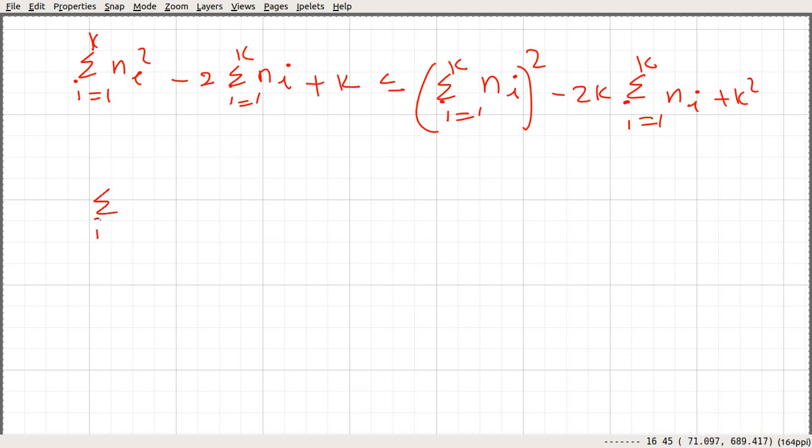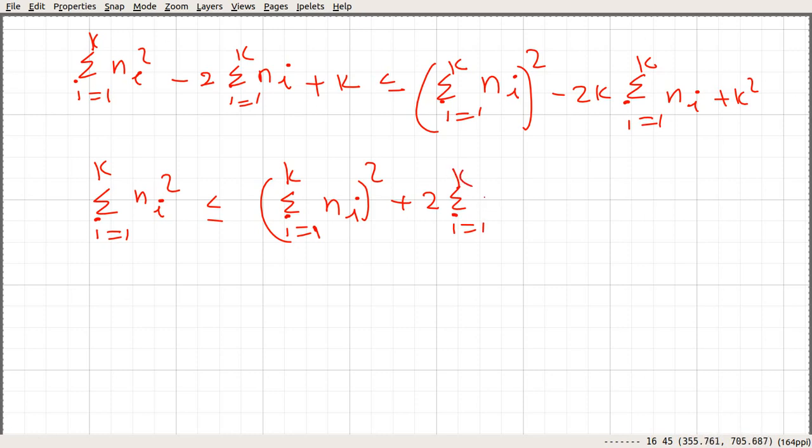I get the sum of ni squared is less than or equal to this quantity: the sum of ni whole squared plus, this time, 2 times the sum of ni, minus k, minus 2k times the sum of ni plus k squared.